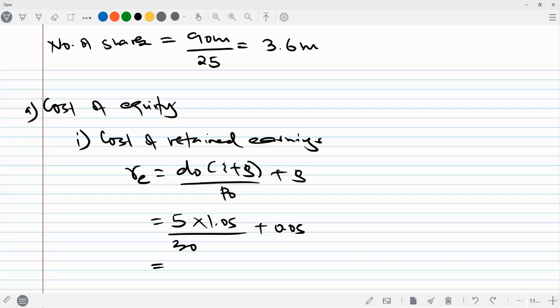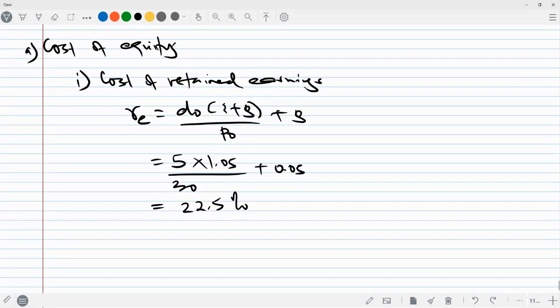Anyway, what do you get? 22.5%, the cost of using retained earnings.